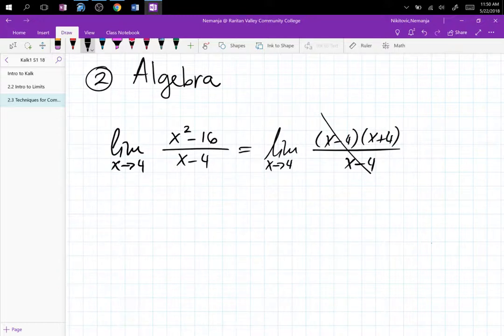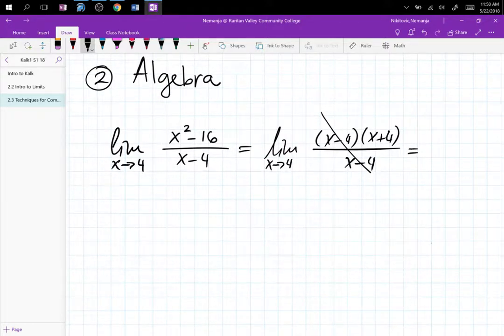And what's the limit? What's the limit? Well, as x goes to 4, so 8. So using this factoring witchcraft, we canceled the denominator, which was bothering us, and we got 8.